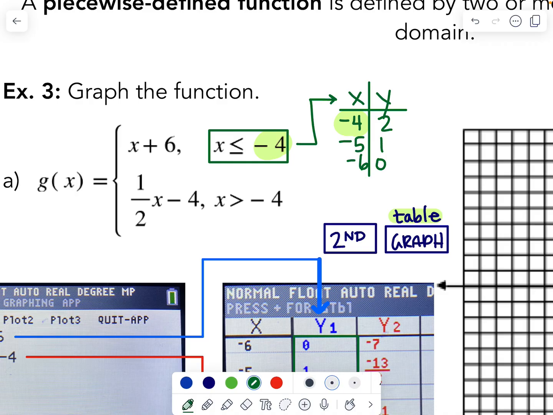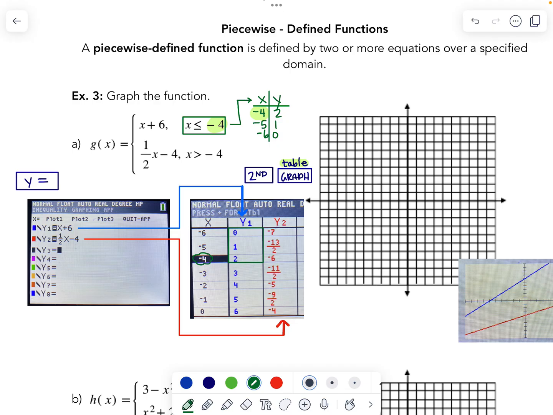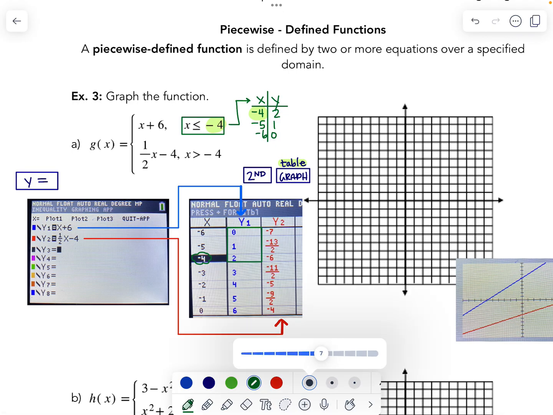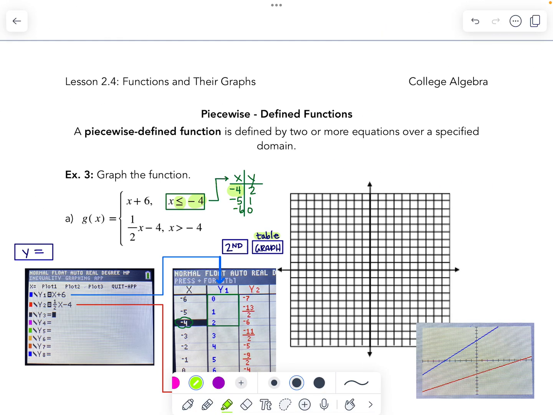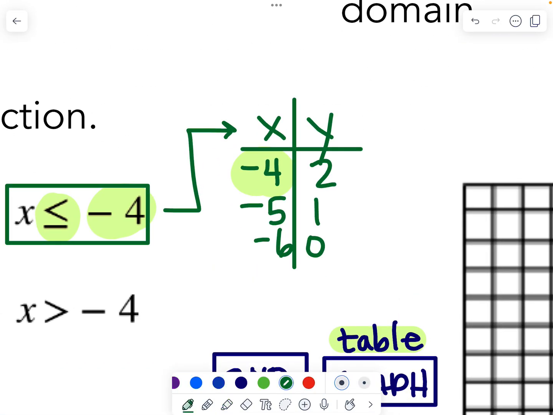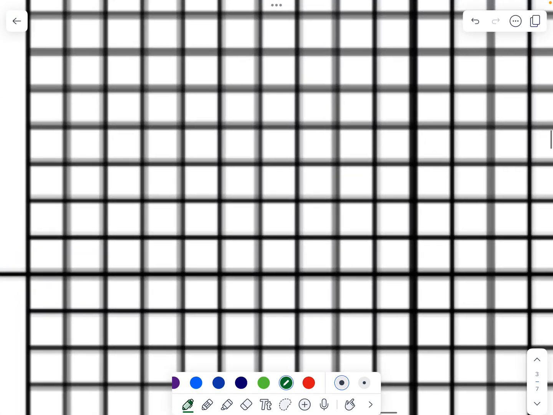All right, now let's go ahead and plot this. Now you'll notice, and we've kind of already had this discussion, that sometimes you have an open or a closed dot. Since this particular function has the or equal to, we will begin this at -4 with a closed dot. So it's almost going to look like a ray.